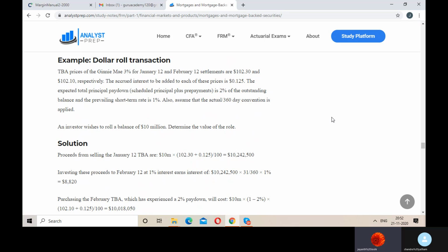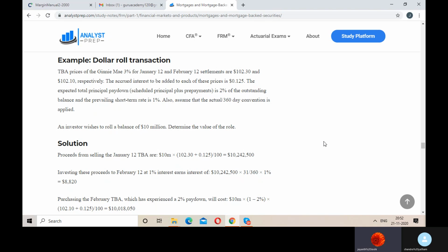So here you can see the to be announced prices of Ginnie Mae 3% for January 12 and February 12 settlements are these. These are the prices. The accrued interest, the outstanding interest to be added to each of these prices, is this. So this you have to add.